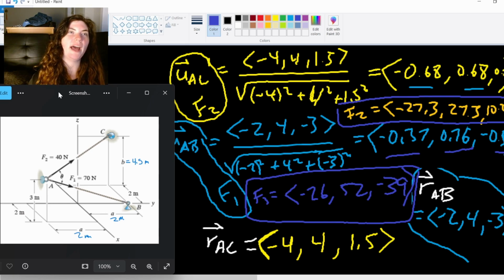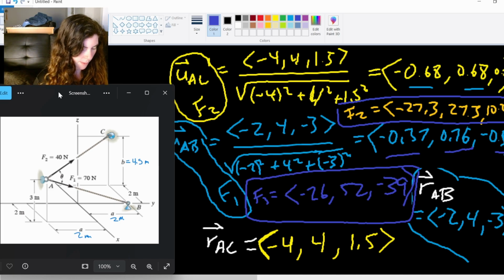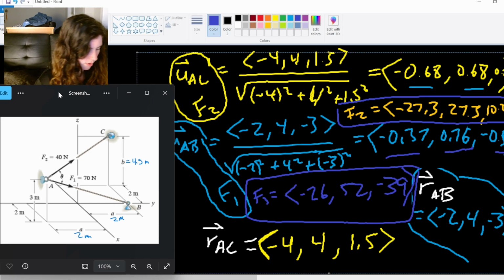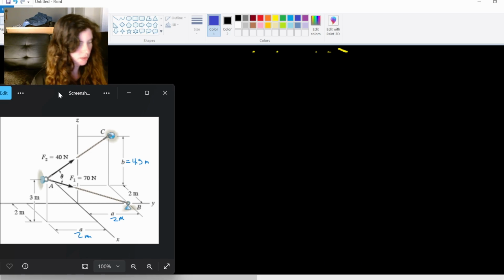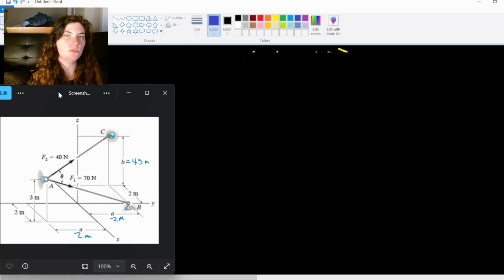Now we need to go back to the very beginning of the problem. Move all of this out of our way. Because the whole reason we did this was to find the components so that we could plug them into the dot product.